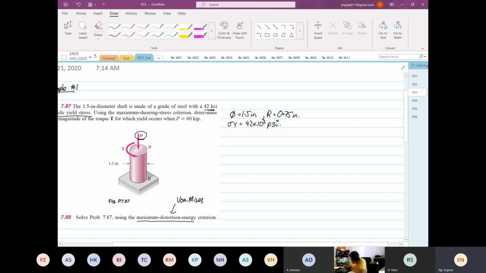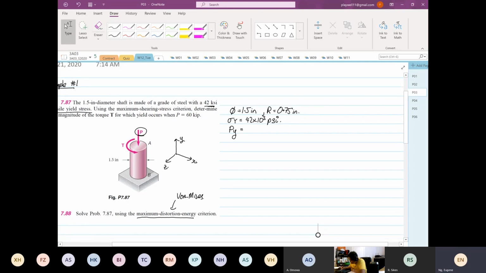And the axial load, if I draw my axis, this is my x, y, z. My load in the y direction will be equal to 60 times 10 to the power 3 pounds of force.